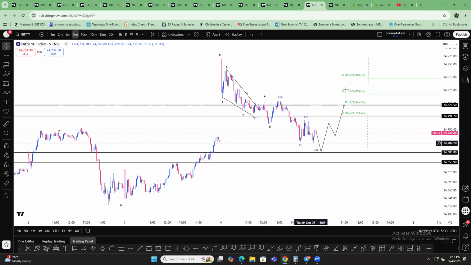So if price moves in a very fast manner, you can recount it. But till then, we'll wait for this area, and when price visits, if price rejects from here, we can enter a good sell position, right?